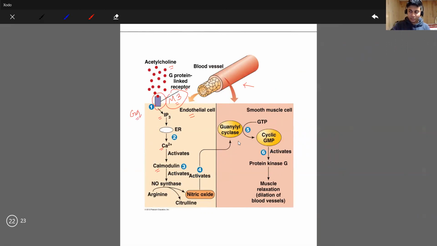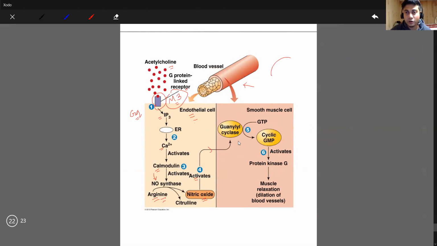Together, this calcium calmodulin complex will stimulate the nitric oxide synthase, and this nitric oxide synthase will synthesize nitric oxide from arginine. This arginine is present in this endothelial cell. When this arginine is converted to nitric oxide, the nitric oxide dissolves through the endothelial cell to the smooth muscle cell of that blood vessel.